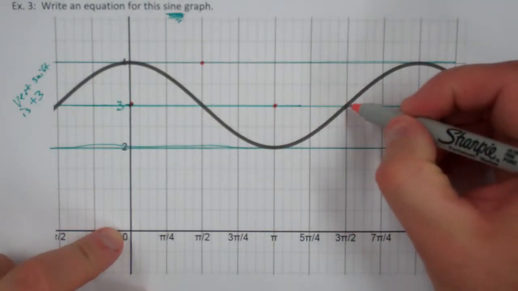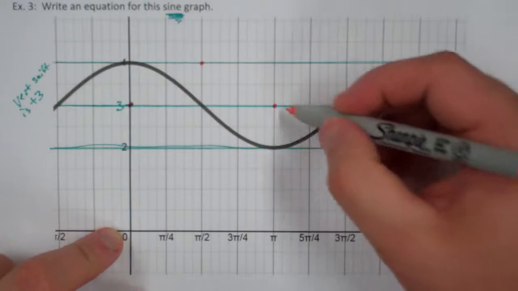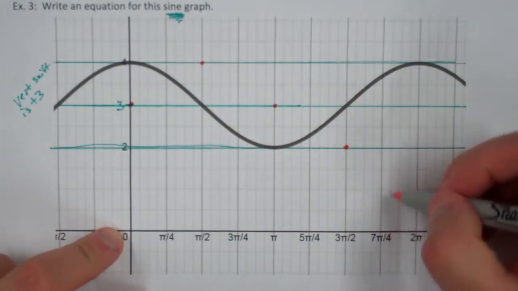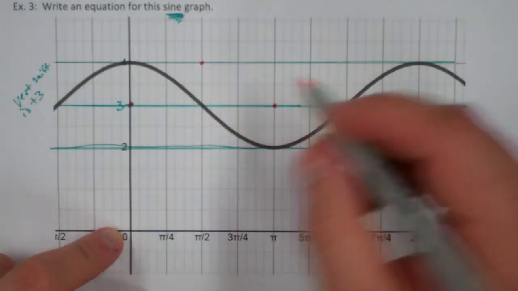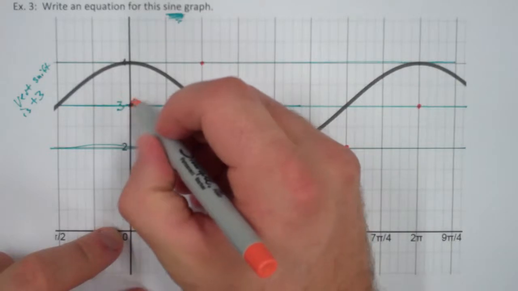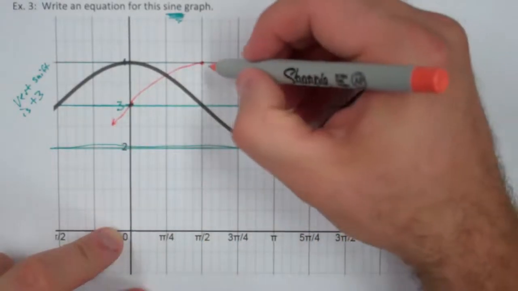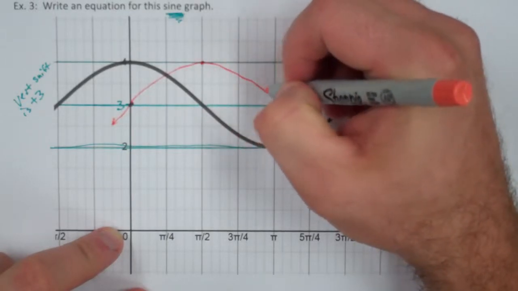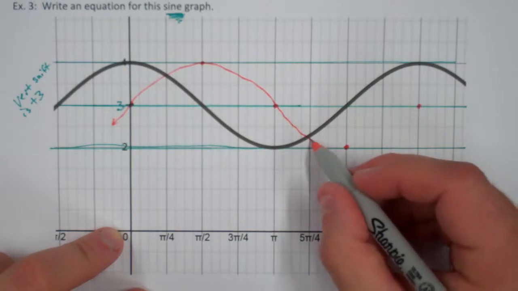And then here we're going to come down to negative 1, or at least down 1 from the midline. And then for this one we're going to come back up to 0. So if we were to draw this, the curve would look something like this. We're just using this curve to help us see where the phase shift is.